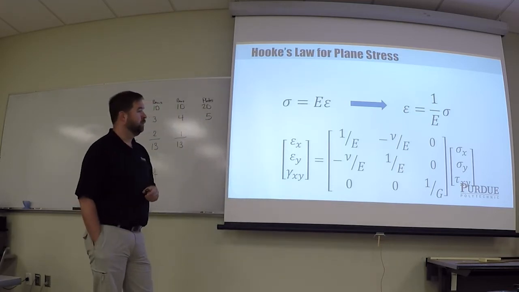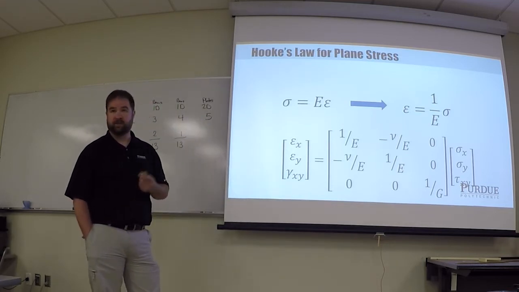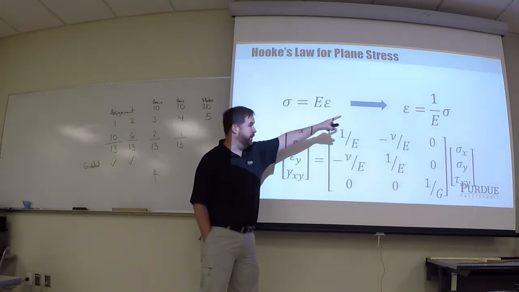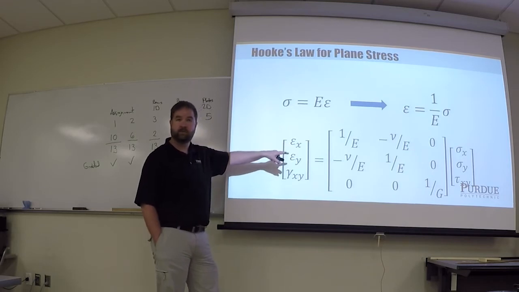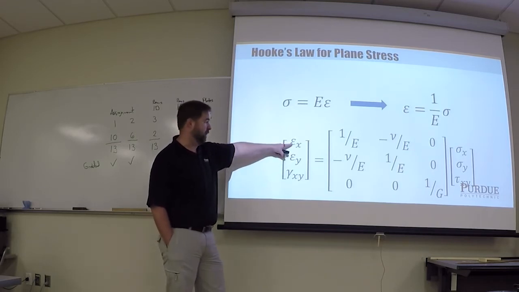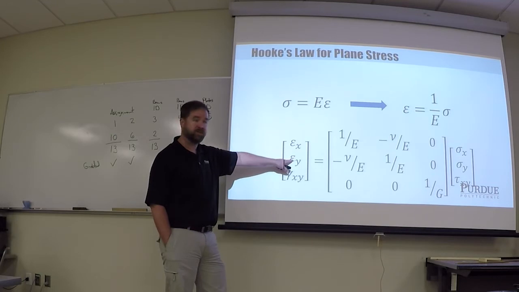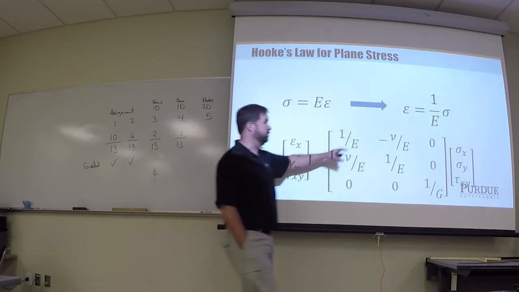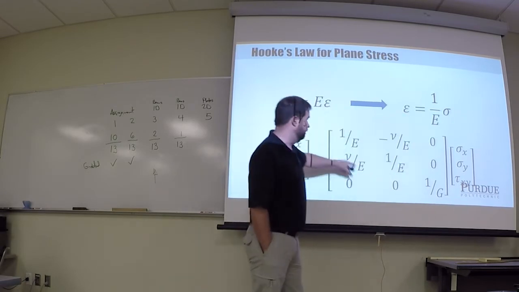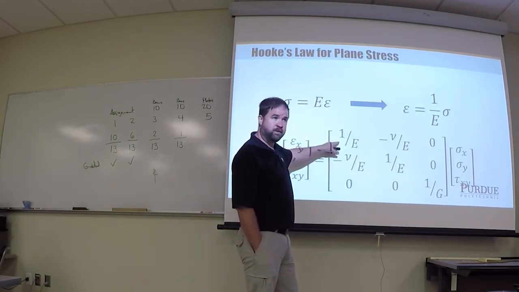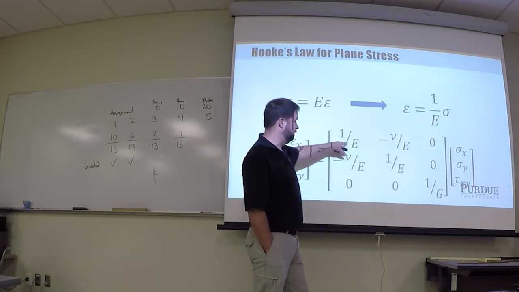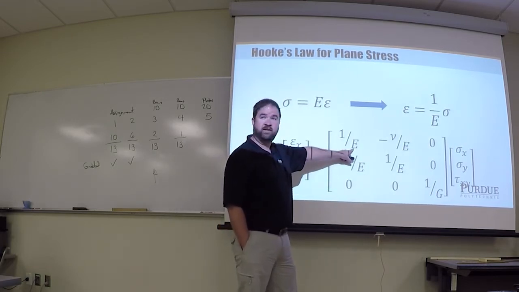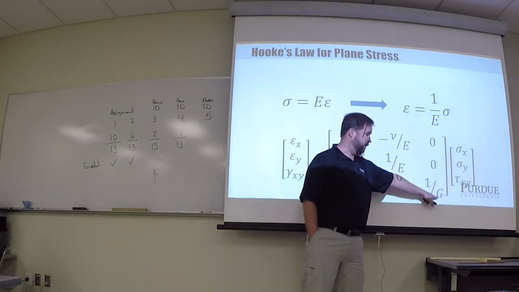So if we want to use a biaxial state of stress, 2 directions of stress, we have taken this equation up here and expanded it into 2 axes. We have strain in the x direction, strain in the y direction. We have shear strain. So these 3 values would be the strain values. My relationship for the stiffness would look like this. And now we see that we have some modulus of elasticity, and we also have shear modulus.